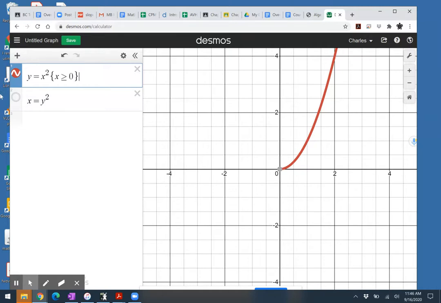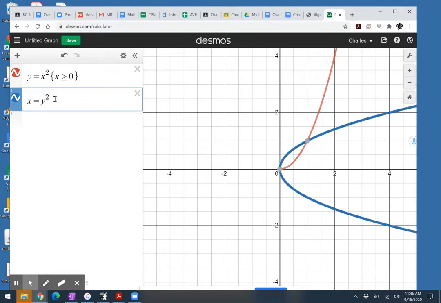And then when I graph the inverse function, so when I said x is greater than or equal to 0, I'm only getting half of that graph. When I graph the inverse function, now I'm getting more than half of the graph. So I'm going to need to make a restriction on this one, but it's not going to be the same. It's not going to be a domain restriction, because if I make the restriction x is greater than or equal to 0, well, this graph was already all in the side of the graph where x is greater than or equal to 0.